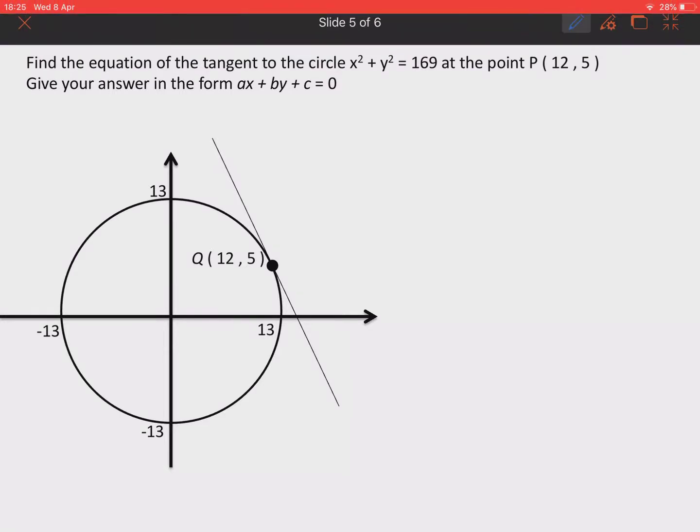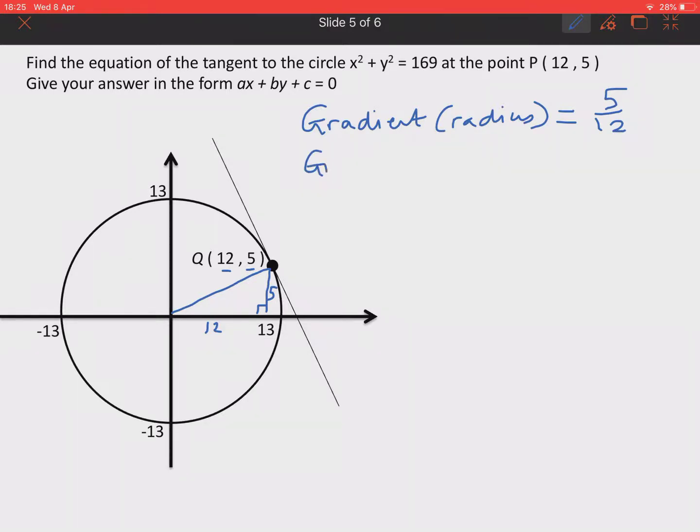Okay, so the steps again. I'm going to find the gradient of my radius. So my y difference is 5, my x difference is 12, so my gradient of my radius is the y difference divided by the x difference, which is 5/12.